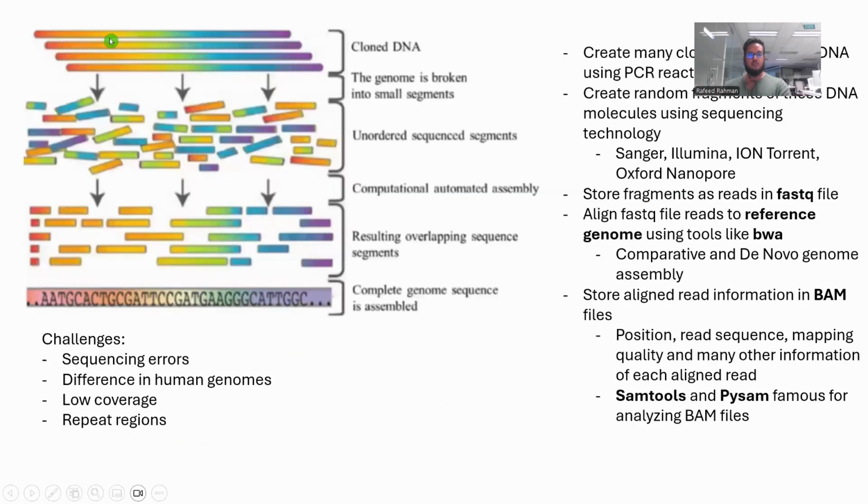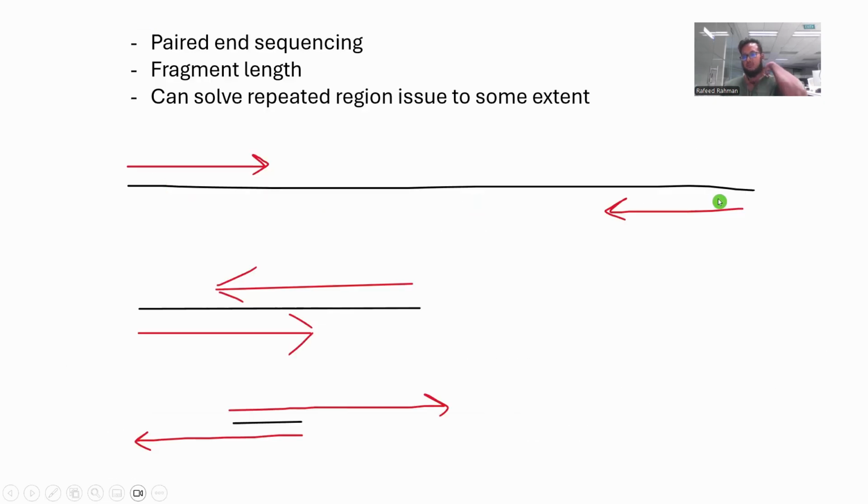When you cut out the DNA randomly, you get many fragments. Suppose this is one of those fragments from the genome. Now, if you are using single end sequencing, then you probably only have this read right here, from this particular fragment.